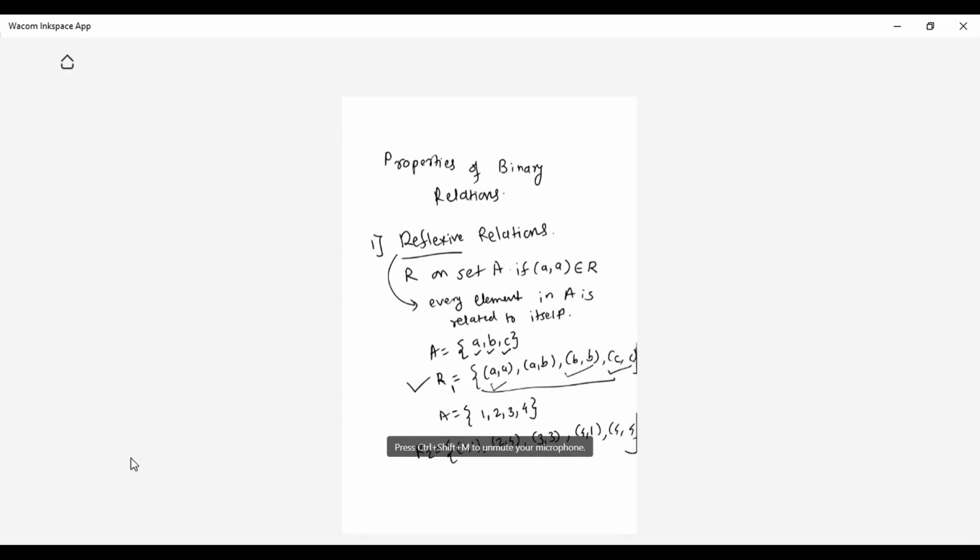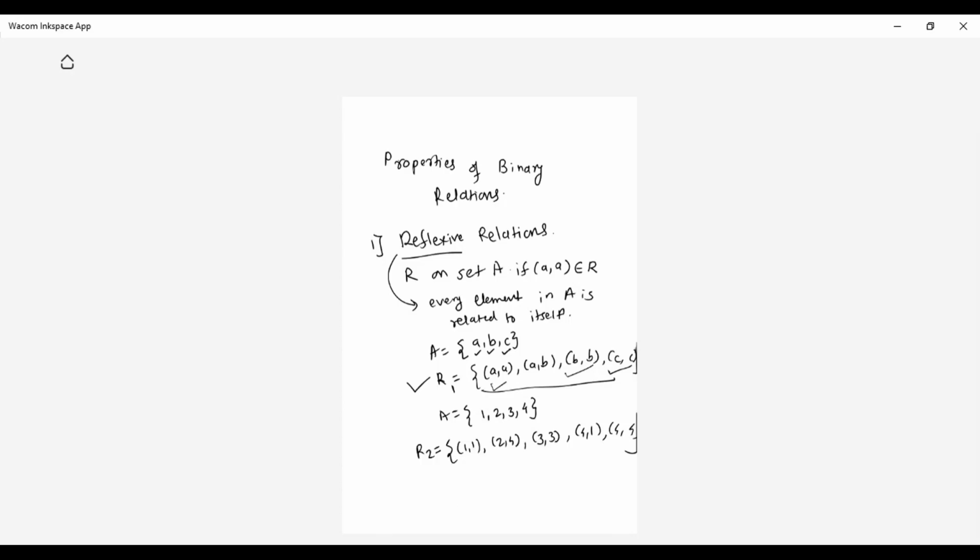Tell me whether this relation would be reflexive, yes or no. Quickly type in the chat box. Come on everyone, I want your attention.